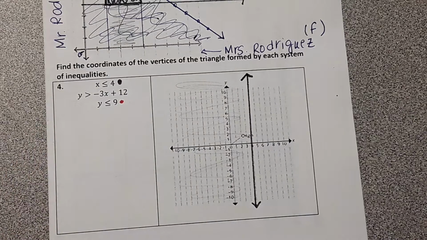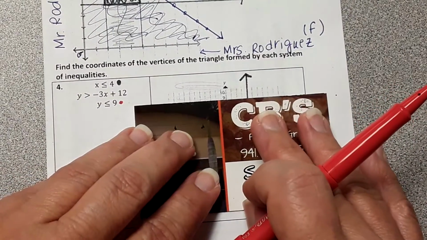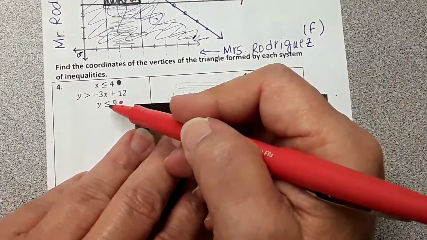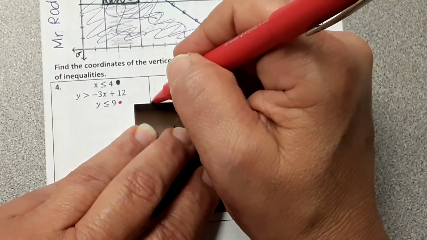Now I'm going to graph y is less than or equal to 9. Is that a horizontal line, a vertical line, or like a normal line? Horizontal. We're going to go to positive 9 because it's horizontal, and it's solid because it's less than or equal to. So we're going to draw a solid line here.